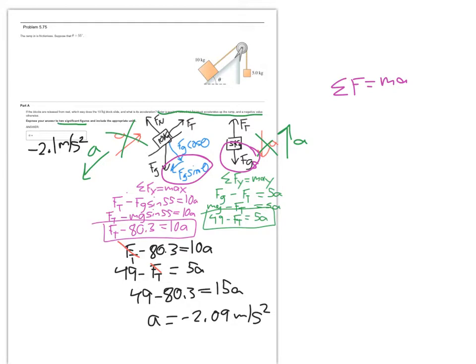So we have Fg on the 5 minus Fg on the 10 times sine of theta equals our total mass, which is 15a. I can clearly see when I insert those numbers, 49 and 80.3, that these actually should be flipped. So we could go back and change the signs, knowing that it's going to accelerate down the ramp for the 10 kilogram and vertically for the 5 kilogram.